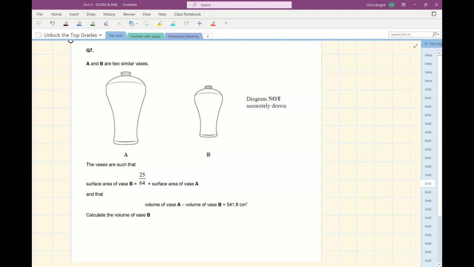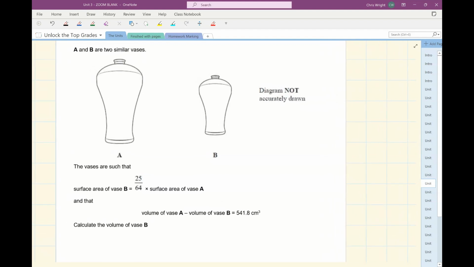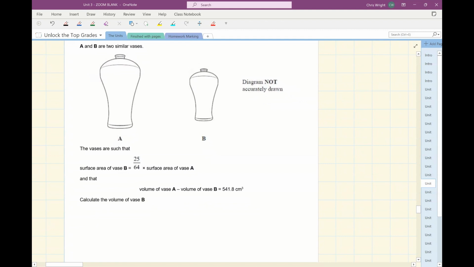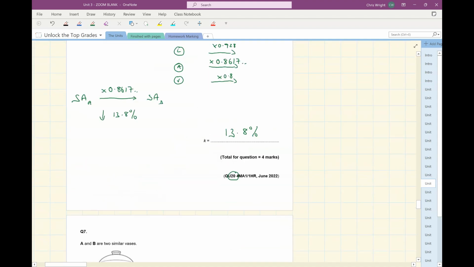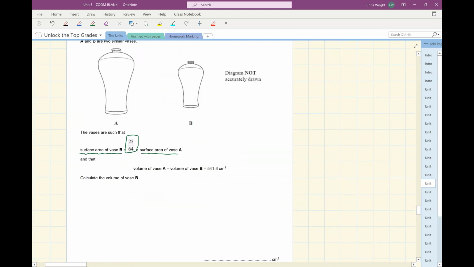Question 7. A and B are two similar vases. The vases are such that the surface area of vase B, that's the surface area of the smaller one, is 25/64 times the surface area of vase A. So going from A to B, thinking about area, the scale factor is 25/64.